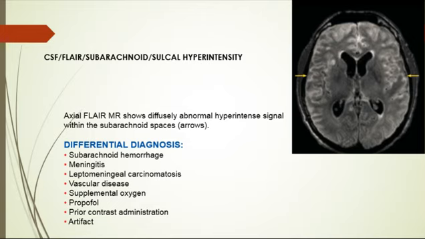CT should correlate with the finding, and if it is the same findings, it's known as the pseudo subarachnoid hemorrhage sign. I think it's the cortical rim sign, this one. The differential diagnosis will be the same, exactly. So, this one is easy.